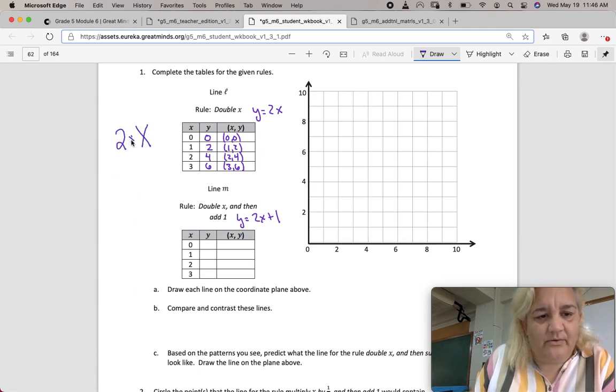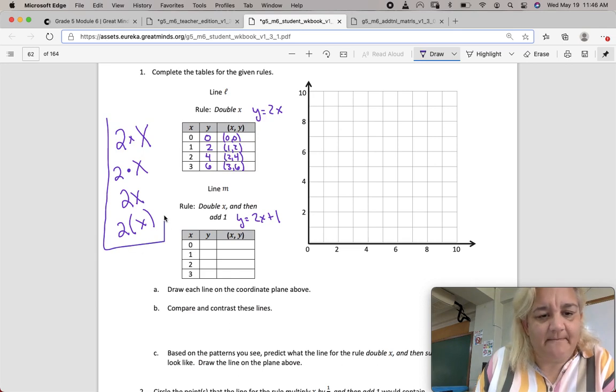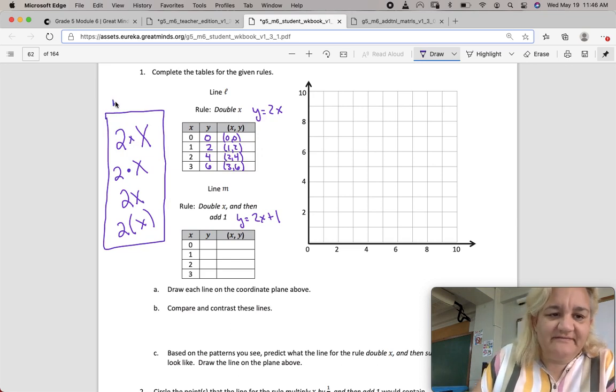I could go 2 and then a little point times x. That means multiply as well. Or I can just put them right next to each other, and that means multiply. Or I could put one of them inside of parentheses, and that still means multiply. So there's lots of ways to write multiplication. So if you're ever taking a math test or some sort of standardized test and they do it differently than your teacher, all of these mean multiply.